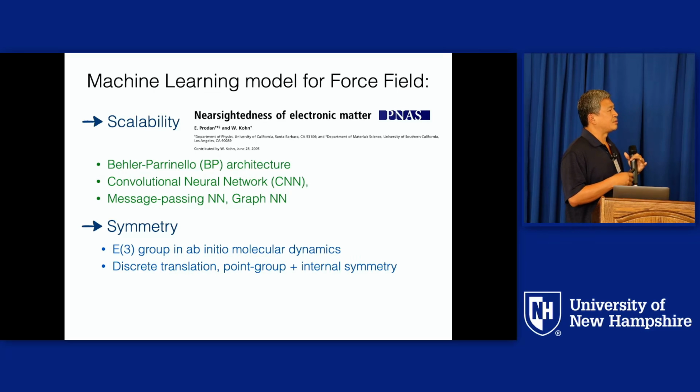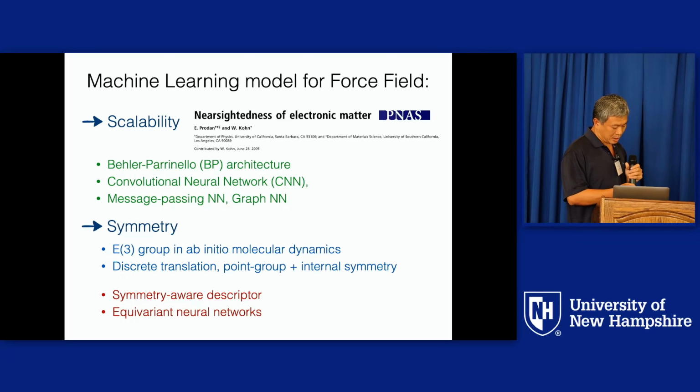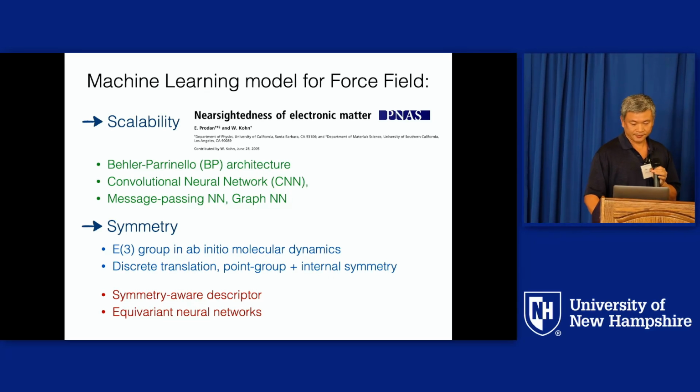So in order to generalize this force field model, we need to find a way to build our own descriptors. Right, so like I said, to incorporate symmetry into the model, there are two main approaches. One is the symmetry-aware descriptor, which I will talk more about later. And another way is to use equivariant neural networks.